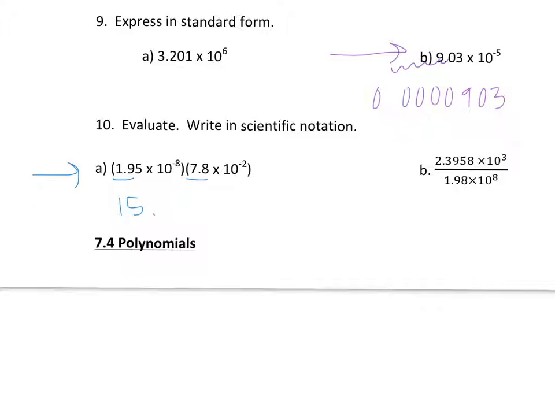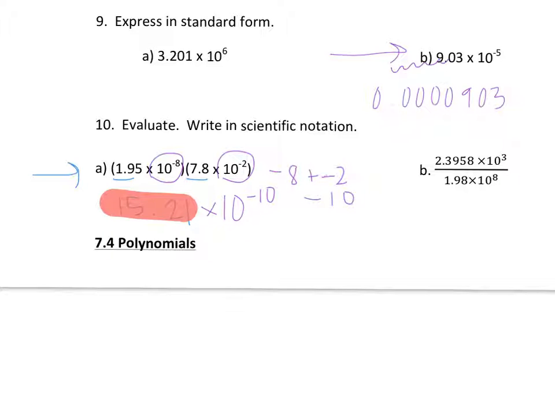That gives us 15.21. Now with my exponents, since they have the same base of 10, I'm going to add those. So I get negative 8 plus negative 2 is really negative 10. So I get 15.21 times 10 to the negative 10th, except here we cannot write 15.21 because that number has to be between 1 and 10.